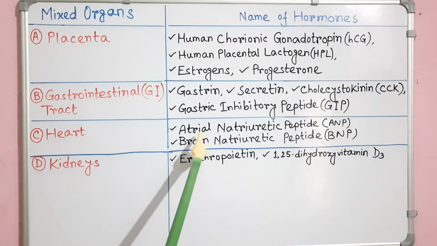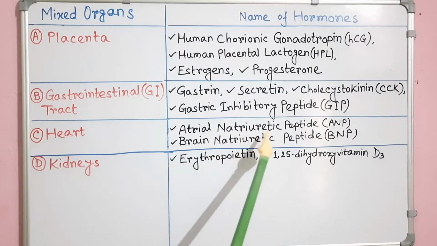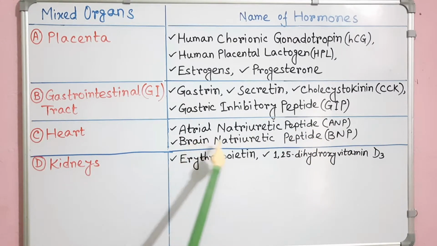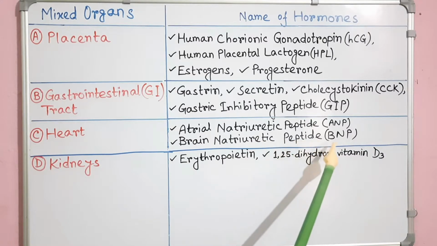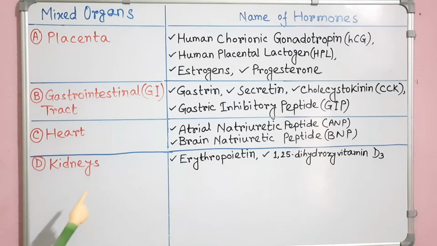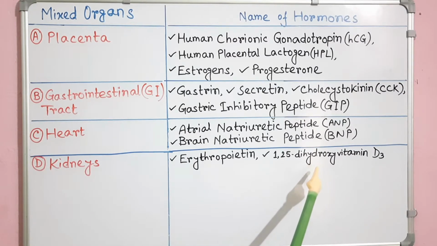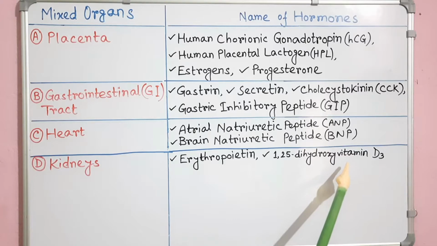They are atrial natriuretic peptide or ANP, brain natriuretic peptide or BNP, etc. Kidneys also produce some hormones. They are erythropoietin, 1,25 dihydroxyvitamin D3, etc.